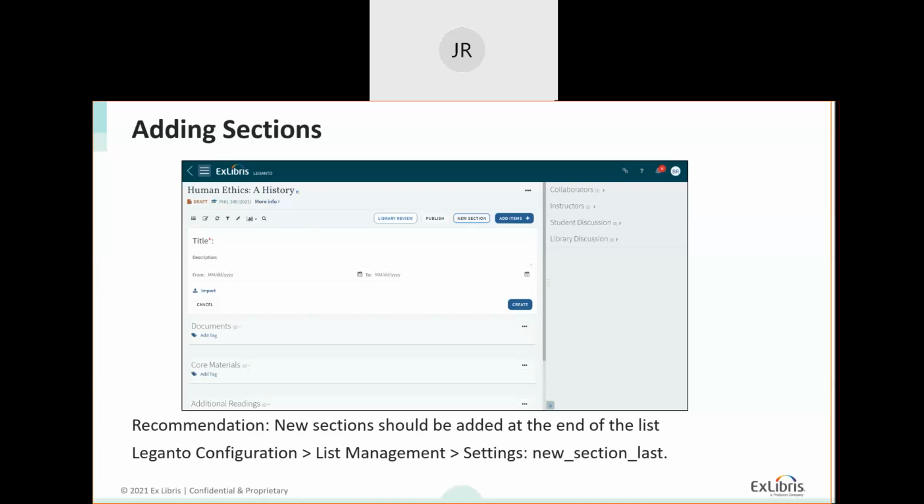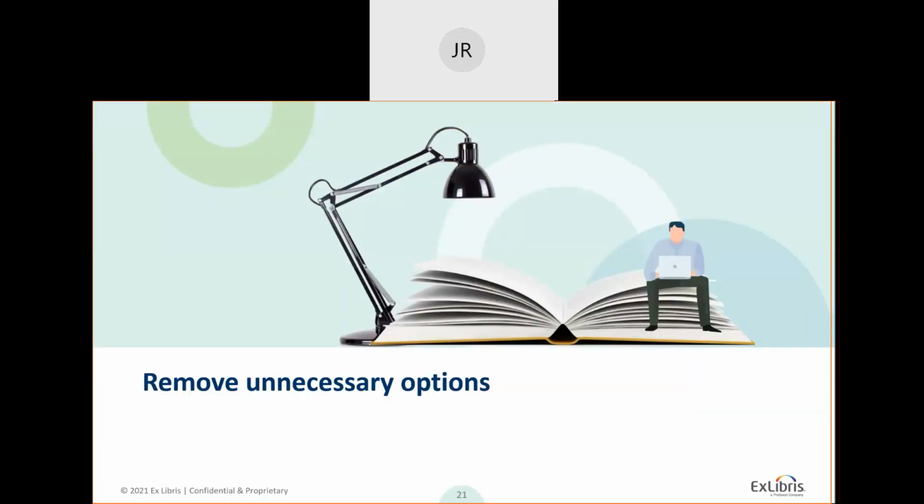All right, so now I'm going to talk about what to do next with your Leganto or with your walkthrough. My next recommendation is to remove some stuff. I want to start by acknowledging that we at Ex Libris put a lot of effort and thought into developing the features and options that we have with Leganto.